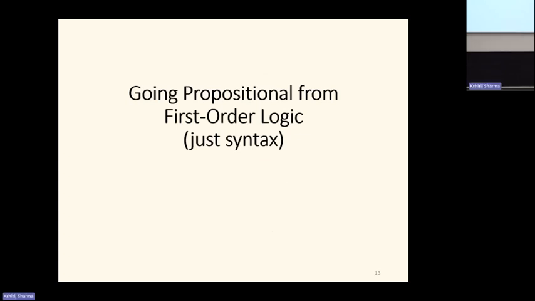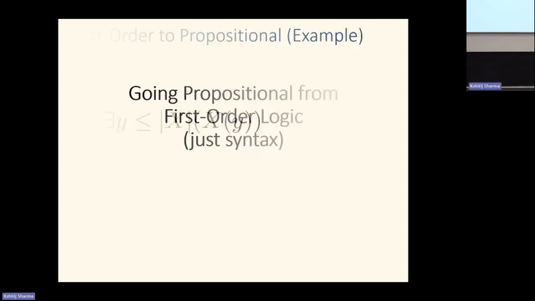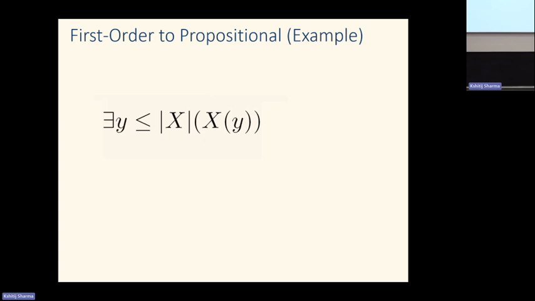Now, we've seen the setup of feasible reasoning, but what does it give us? So first, let's go to propositional logic. And how does this relate to the first order setup? We can consider the first order setup to be translatable to propositional logic. I give here an example.